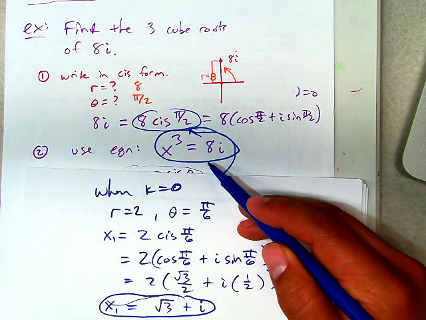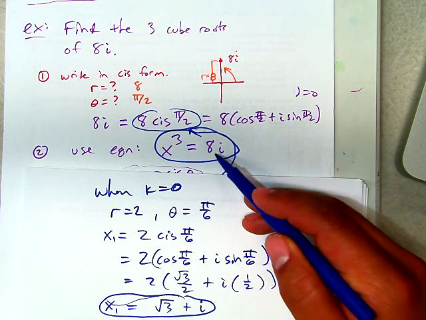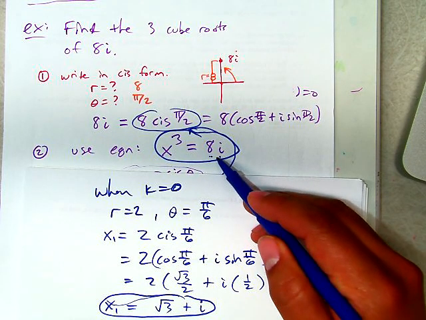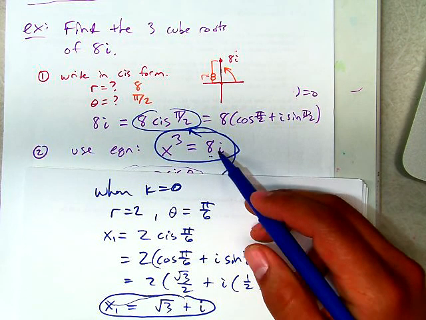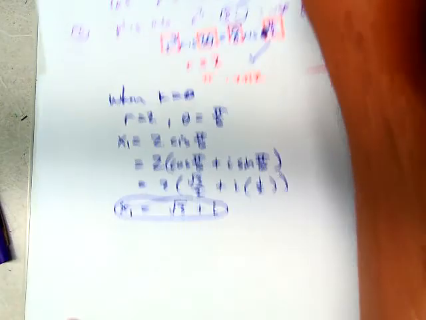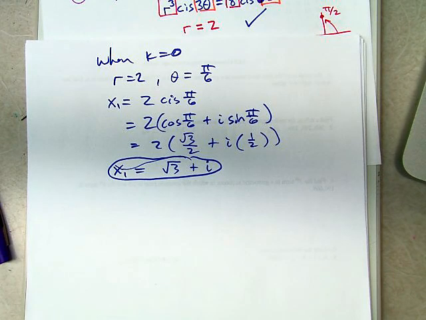Just 8i? What does it say right here? 8i. Okay? Take your calculators just so you can see it, because this is a good way for you to check to make sure that you're getting these answers correct.